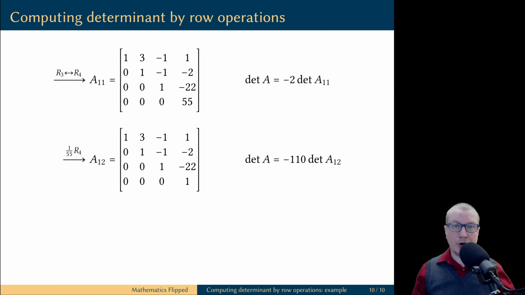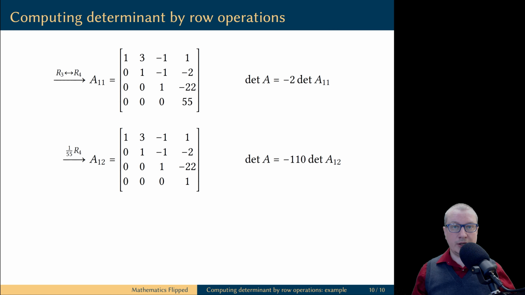So, the determinant of the matrix A12 is equal to the determinant of the previous matrix A11 scaled by 1/55. But then, the determinant of the old matrix A11 is equal to the determinant of the new matrix A12 scaled by 55. And now we have reduced the matrix to the upper triangular form.